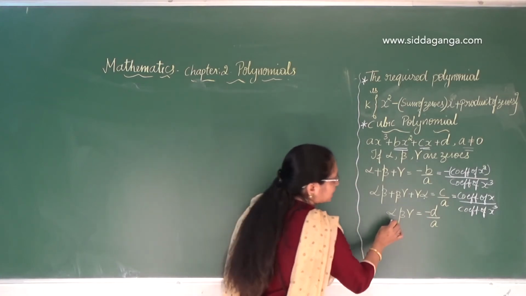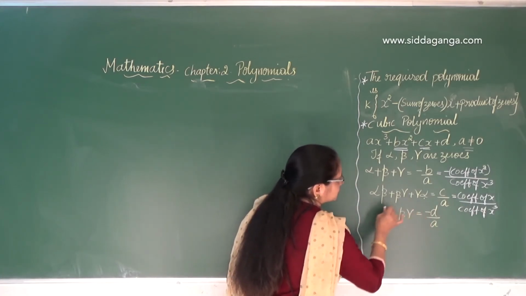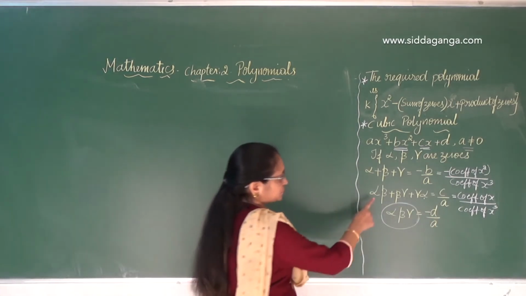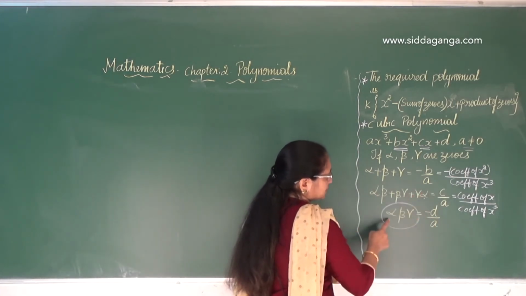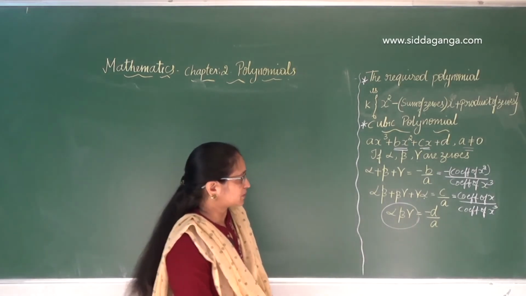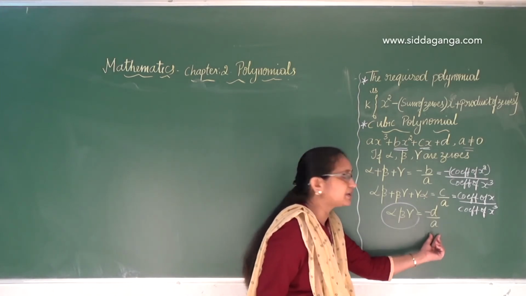Now, the last one, alpha beta gamma, means the product of the zeros. Here we took 2 at a time, but in this case we have taken all the 3, that is the product of the zeros. So, the product of the zeros is nothing but minus d by a.